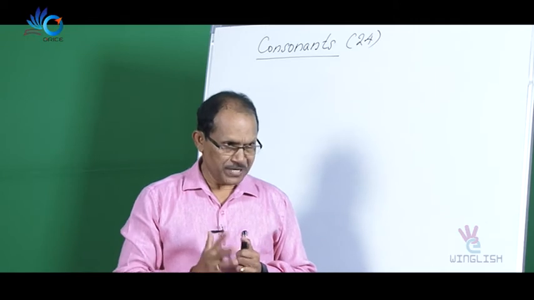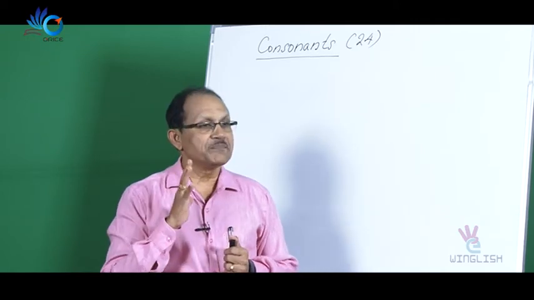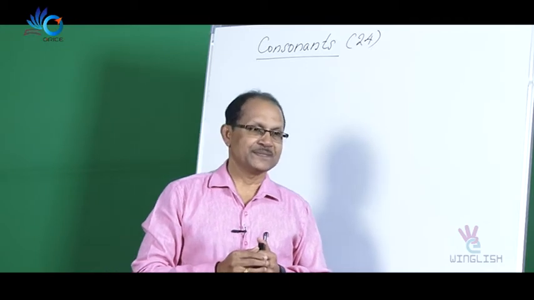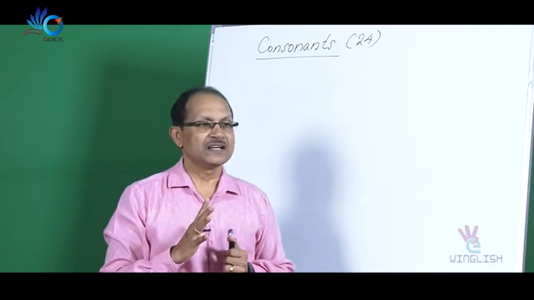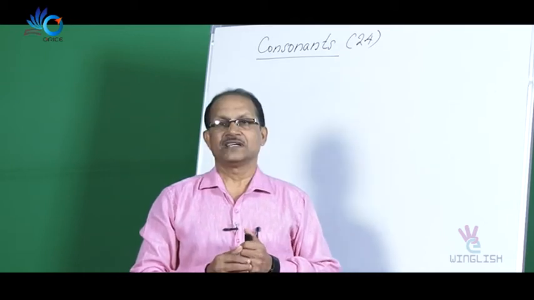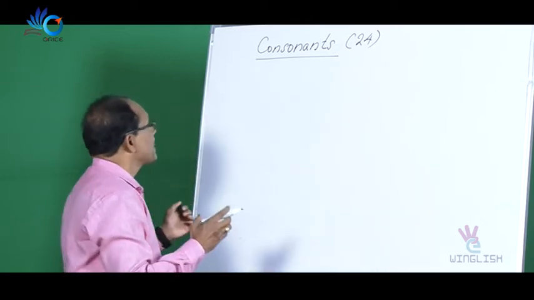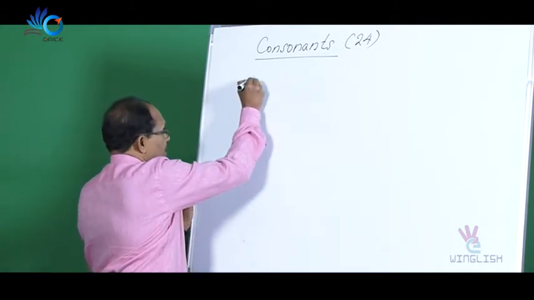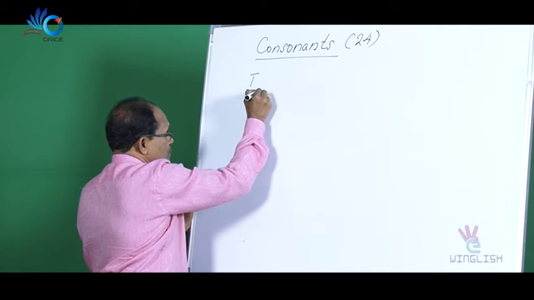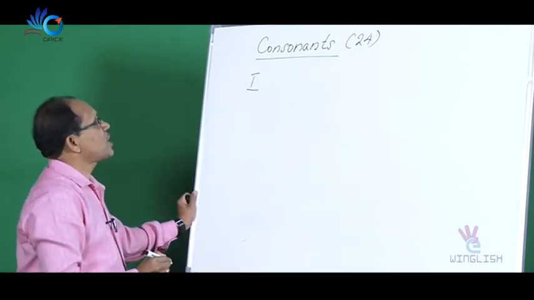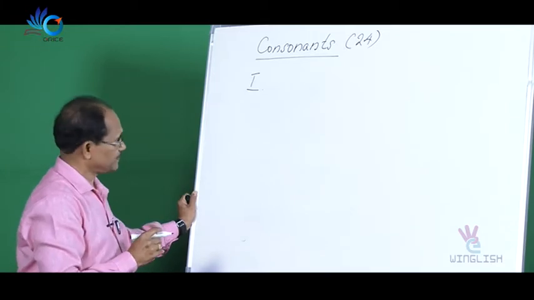First we shall group them on the basis of their place of articulation, that is on the basis of the speech organs involved. Okay? So, based on their place of articulation, we can classify consonants or group consonants this way, that is consonants belonging to this group.